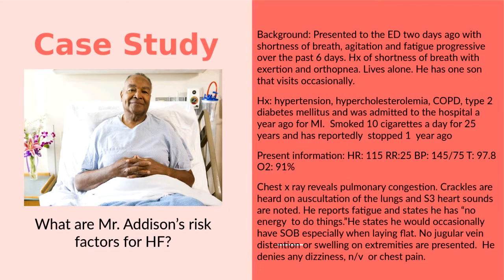And now I have a case study. I'm just going to read the important stuff, and you can just type in the answers. You just tell me what are the risk factors for Mr. Addison. He has a history of hypertension, hypercholesterolemia, COPD, type 2 diabetes, and he was admitted to a hospital a year ago for MI, and he's been smoking 10 cigarettes a day for 25 years, and he says he stopped a year ago.